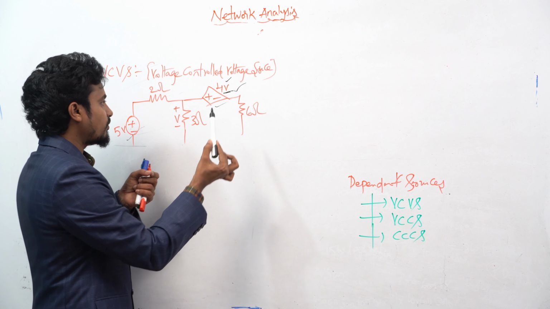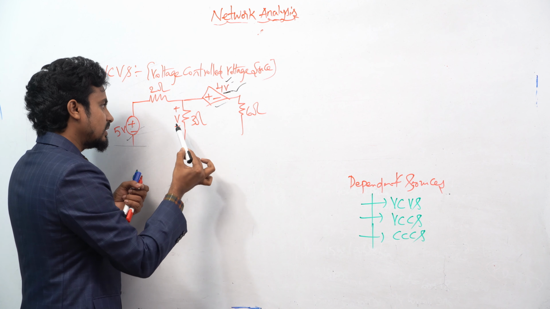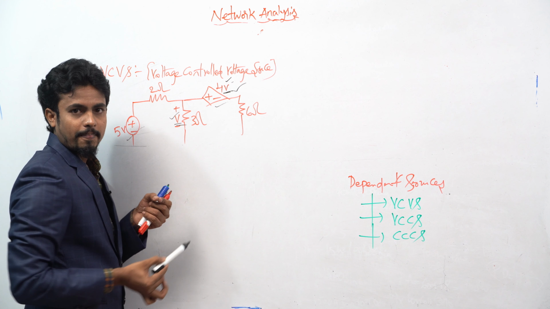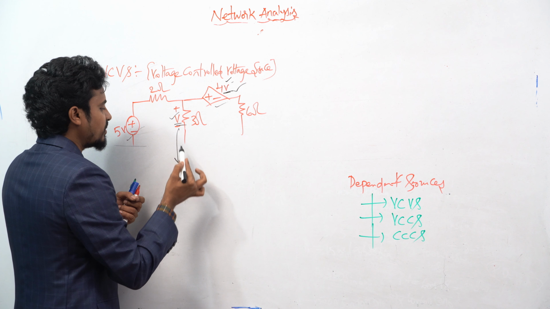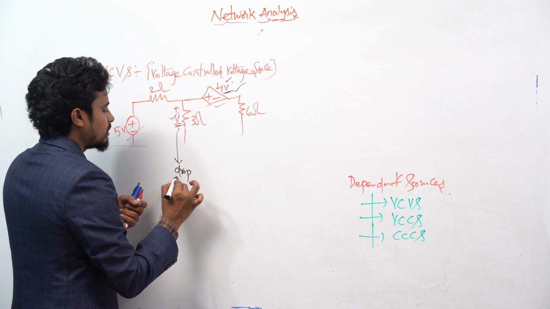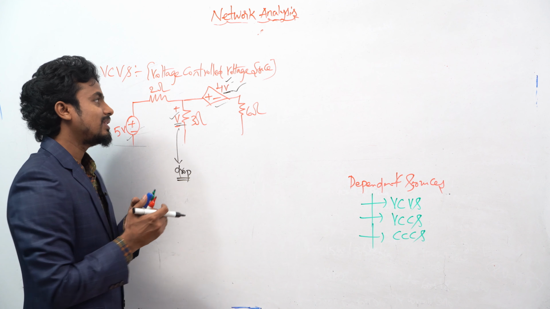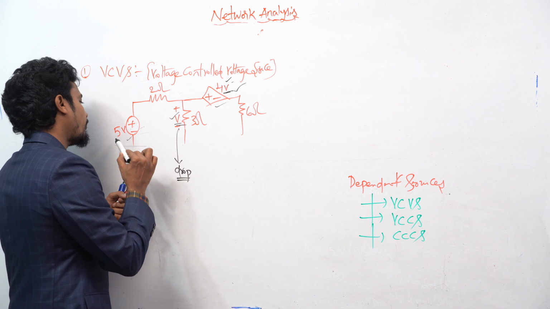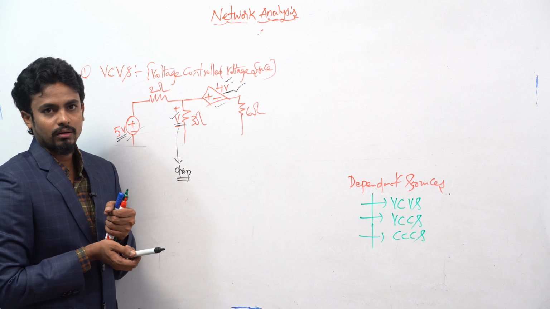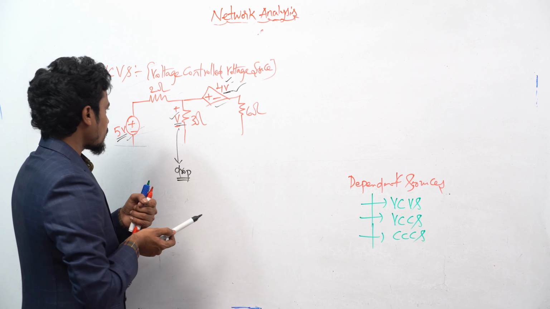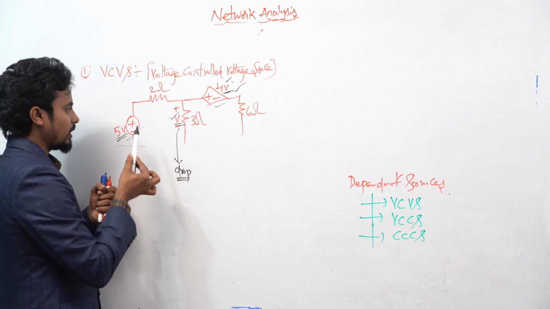This V means just the potential drop, and this V depends on the 5 volt.